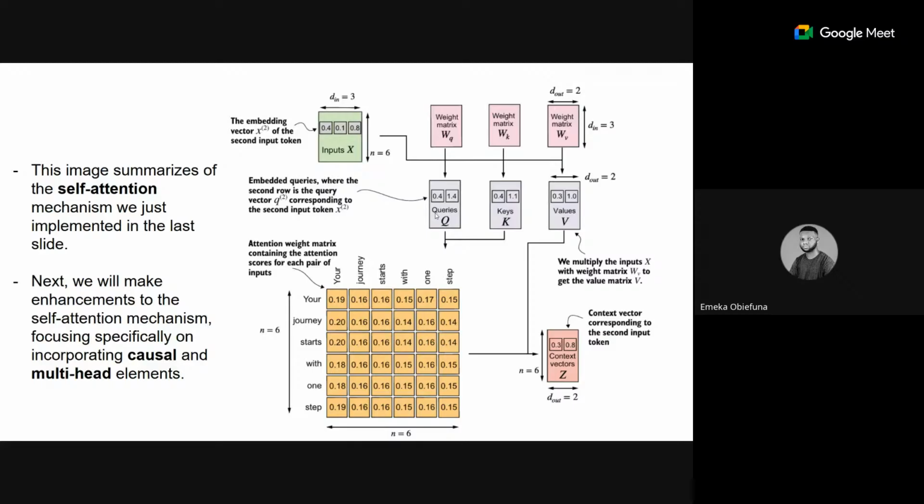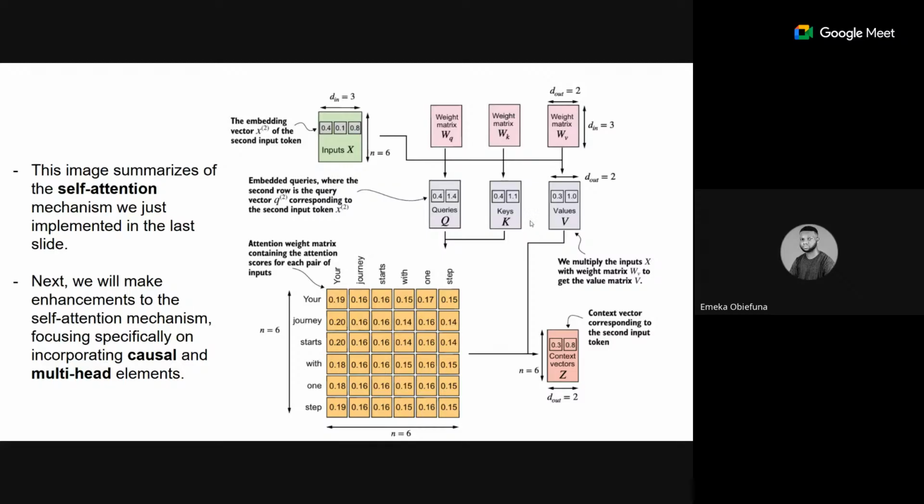Now that you have your query, key, and value vectors, the next thing is to compute your attention score by multiplying your query vector with the transpose of your key vector. Once you've done this, it's going to give you your attention score.